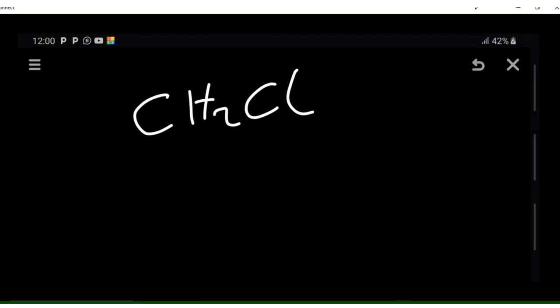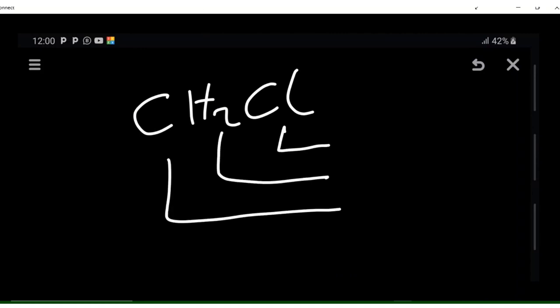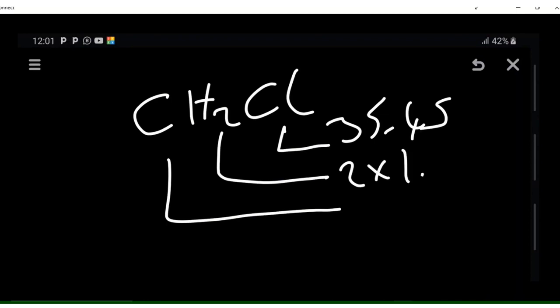And we need to find the molecular formula. So for the molecular formula, we need to find the molar mass first for the empirical formula. So the molar mass is 35.45, and 2 times 1.01, and 12.01.